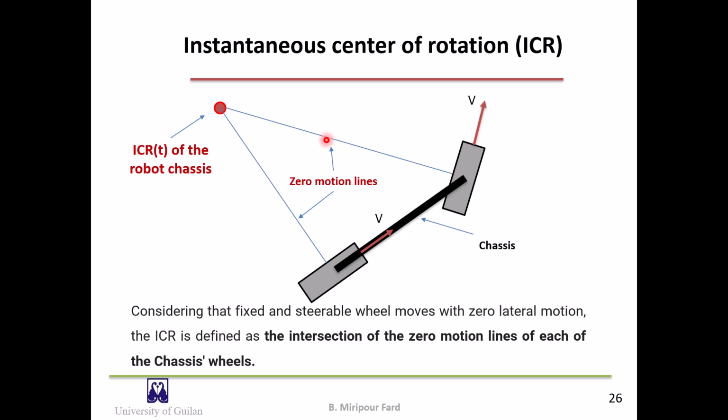Hence, at each time instant, the velocity vector of any point of the chassis is orthogonal to the straight line joining the point and the ICR. The ICR changes over time as a function of individual wheel velocities and in particular of their relative difference.